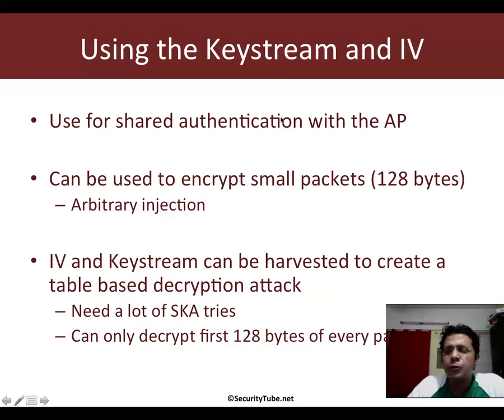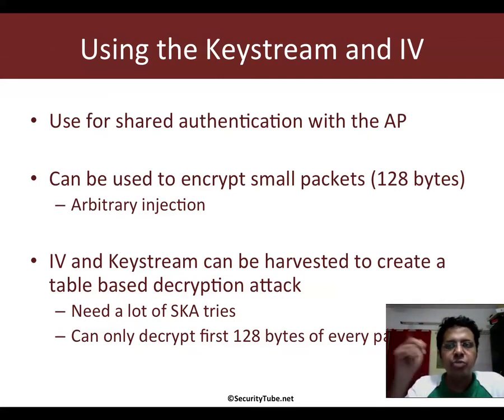There are other uses also which you may not find well documented or well used on most sites and forums on wireless. The next one, which is very interesting, is that we can now encrypt small packets. Why? You'll notice when we study WEP that if we have the initialization vector and the key stream derived for that particular initialization vector and the real WEP key, then using that we can encrypt any packet.